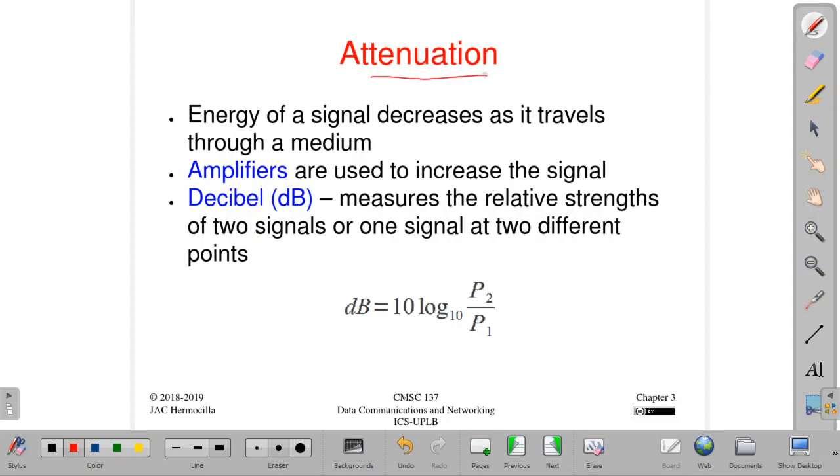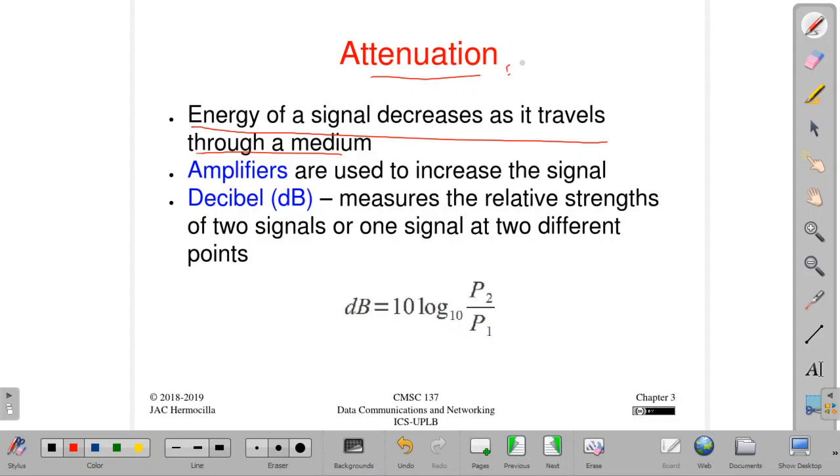So attenuation, it is natural that the energy of a signal decreases as it travels through a medium. For example, when you're talking to someone from a distance, if the other person is too far from you, he will not be able to hear you, because your voice has only a limited range, and that's because of attenuation.